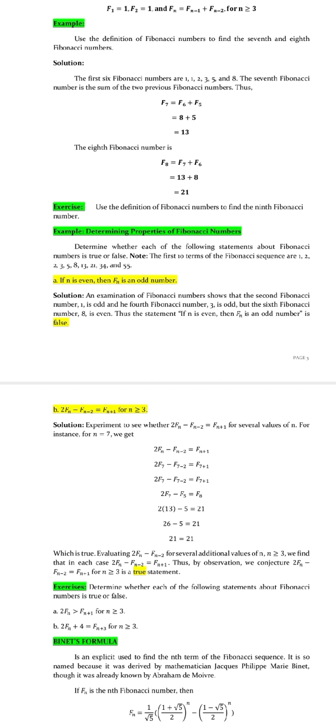An examination of Fibonacci numbers shows that the second Fibonacci number, 1, is odd. The fourth Fibonacci number, 3, is odd. But the sixth Fibonacci number, 8, is even. Thus, the given statement, if n is even, then f sub n is an odd number, is false.